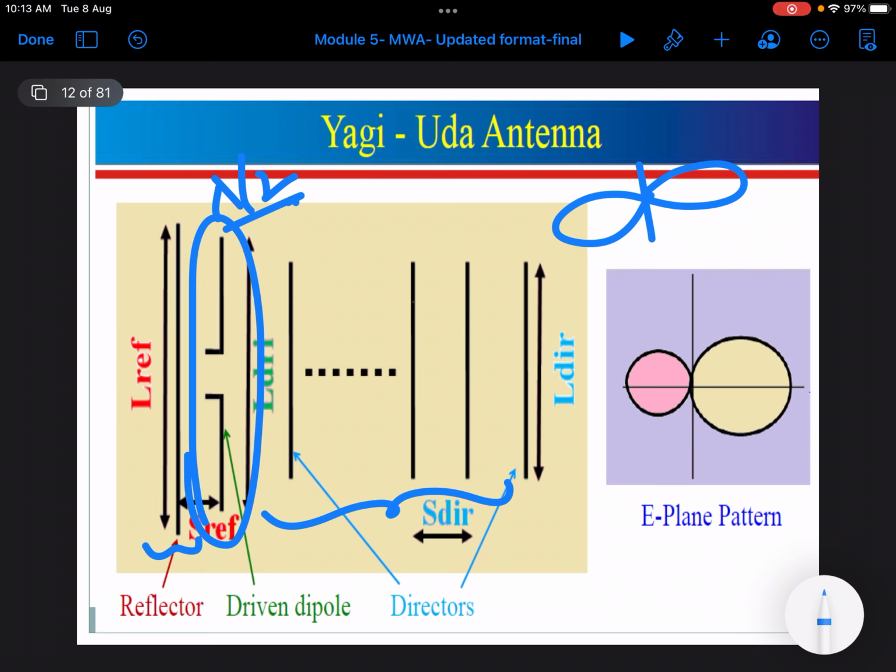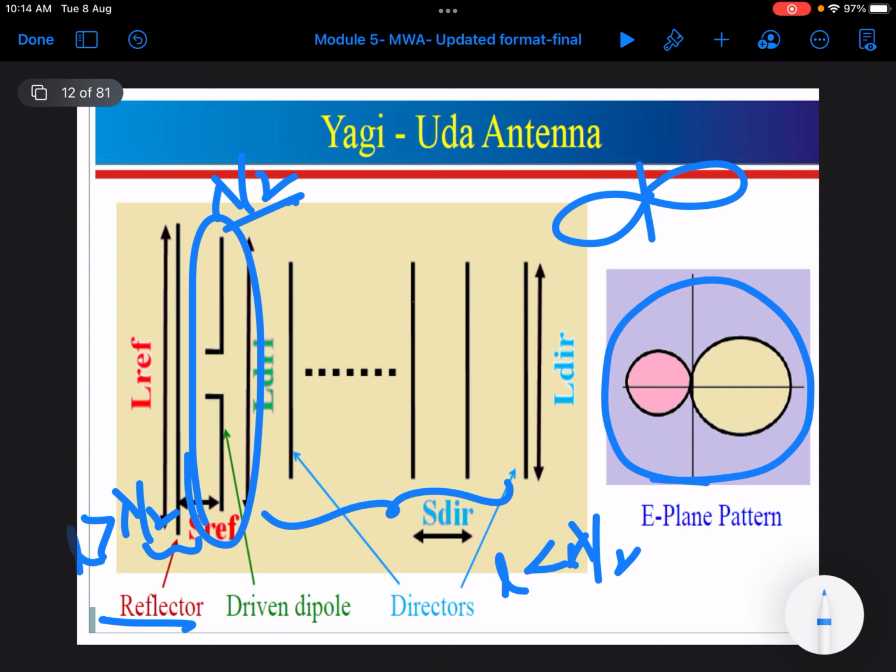That can be done by placing directors in front of the driven element and placing a reflector at the back side. The reflector should have a length L greater than lambda by 2, whereas the director's length should be less than lambda by 2, in turn giving a radiation pattern as an end fire. That means, as we have placed the antenna in this direction, the radiation pattern will also be in the same direction.